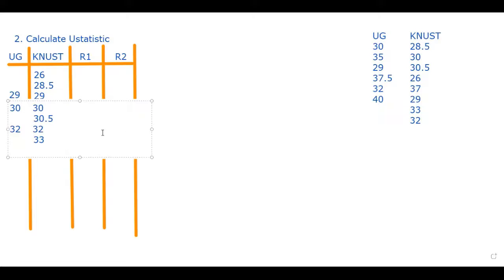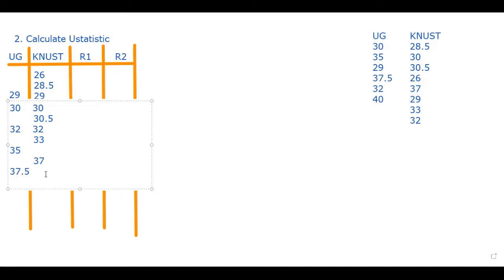Okay, so 35 for Eugene should be on the next line, because it's higher than the 33 here. Look at how I am arranging them. Next, 37 for KNUST, so that will be the next line, then KNUST. 37.5 for Eugene, so next line for Eugene, 37.5.